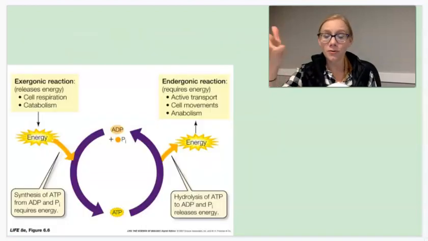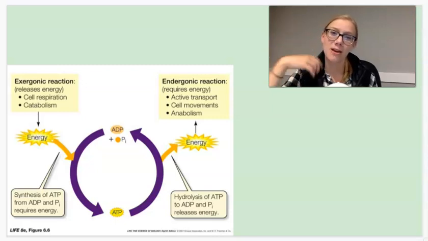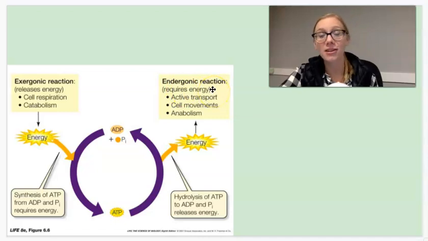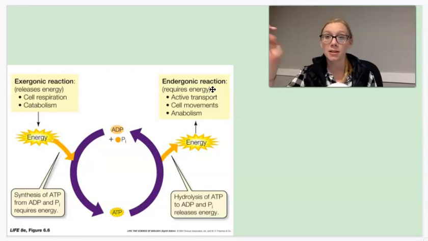So what's our overall big picture from this part of the notes? We talked about ATP as the energy, and we talked a lot about endergonic and exergonic reactions. Endergonic reactions are going to require energy. Some examples of endergonic reactions: active transport, where sometimes in order to move molecules against the concentration gradient, we have to add ATP in order to pump them through.